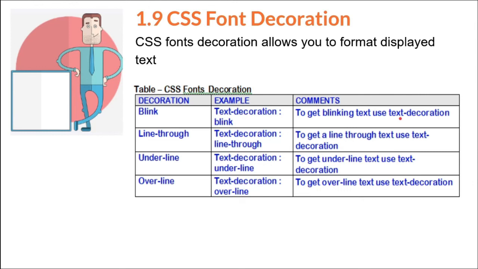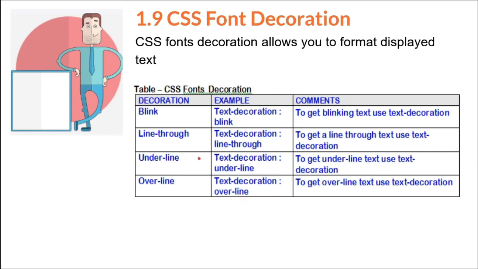To get blinking text, use text-decoration: blink. Line through, to get a line through your text, as though you've deleted it or crossed it out, you can use text-decoration: line-through.